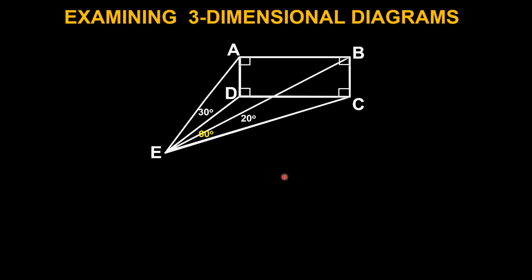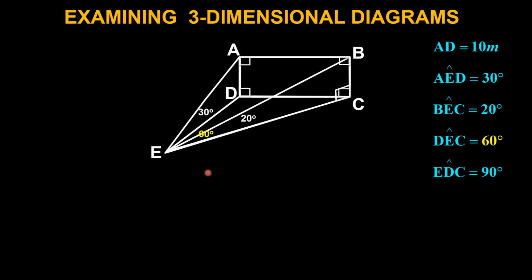Let's look at the measurements provided. We have AD equal to 10, and 20 degrees for BEC, and 30 degrees for AED, and then 60 degrees in the horizontal plane for DEC. And we also have another angle EDC, which is this angle here.